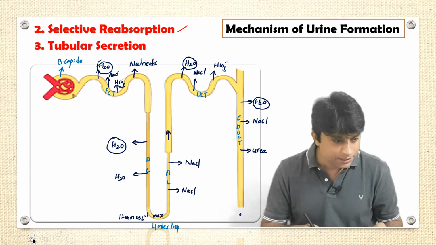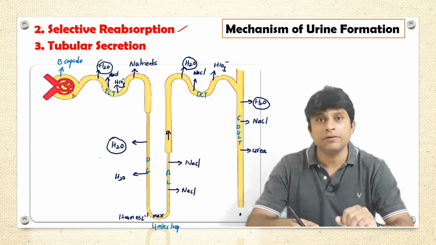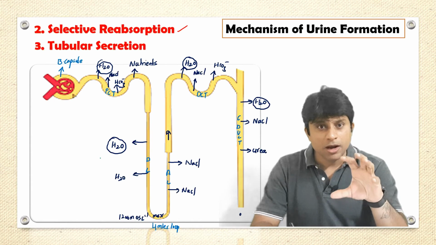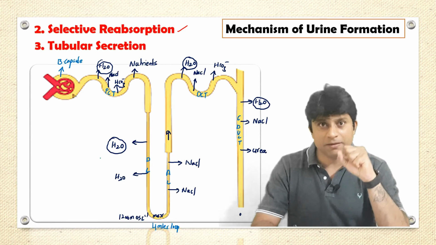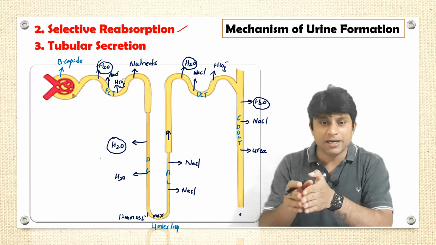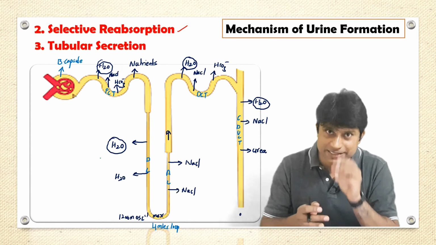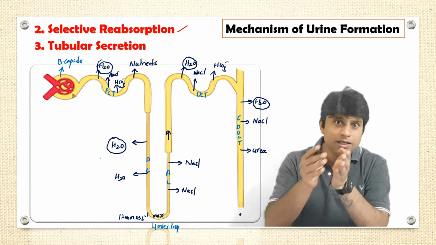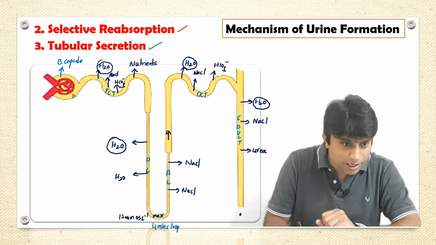Fine. And in different tubular parts of the nephron, to maintain the ionic balance as well as osmotic balance, that means acid-base balance and ionic balance, tubular cells secrete H+, K+ and ammonia into the renal fluid. This is called tubular secretion.